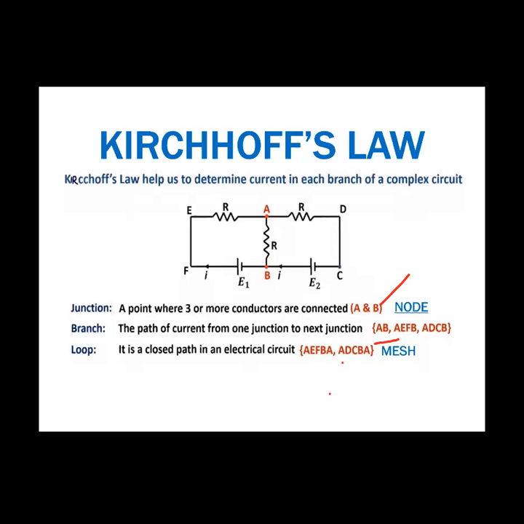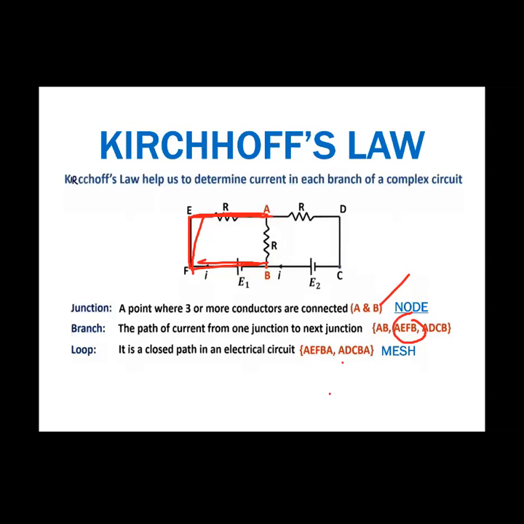But current is going to flow in this direction also, on this path also, right? From A to E, E to F, F to B and B to A. So this is also, children, one branch, AEFB. So AEFB is your second branch, right, children?